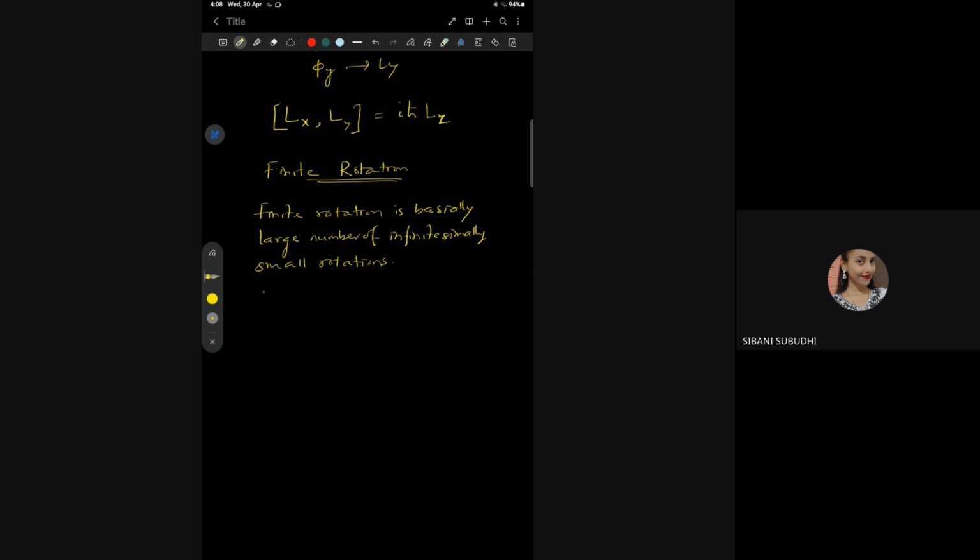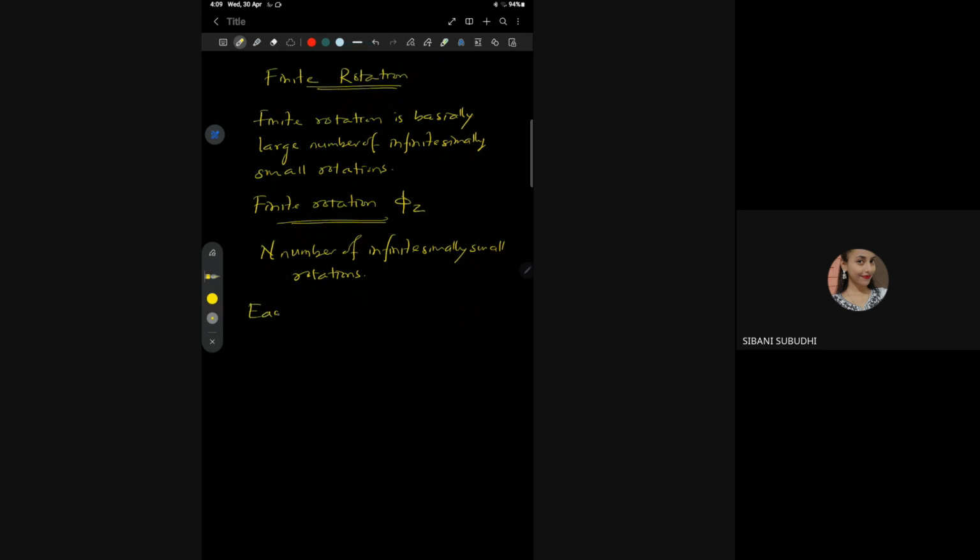Let's say our finite rotation is phi z. If we divide it into n number of infinitesimal small rotations, then each infinitesimally small rotation is equal to phi z by n.